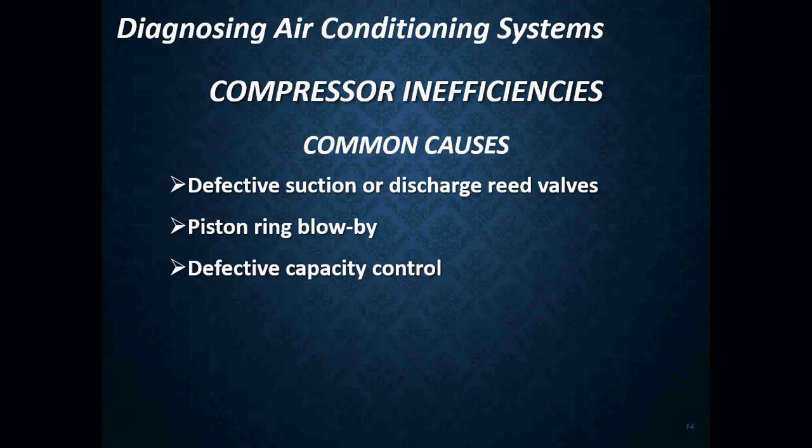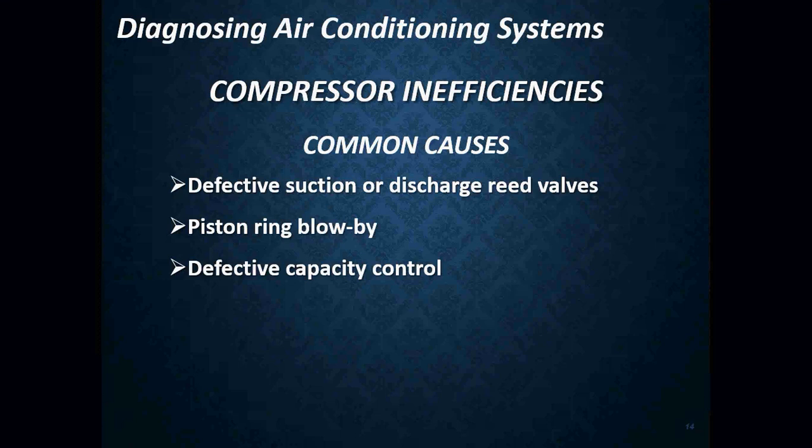Okay? Common causes of your compressor inefficiencies. They can be your defective suction or discharge reed valves inside there. Piston rings may have blown away if you have a semi-hermetic compressor. Defective capacity control if you're dealing with a lot of your commercial stuff.